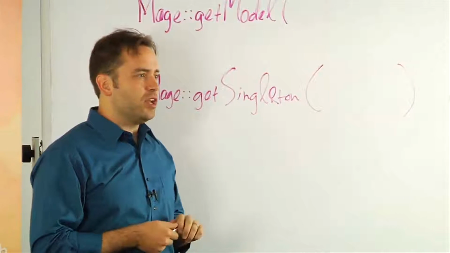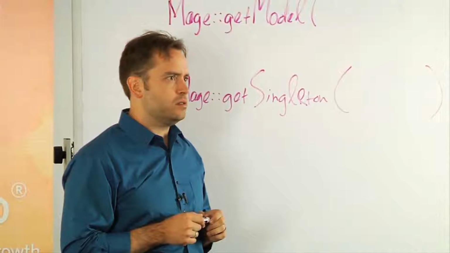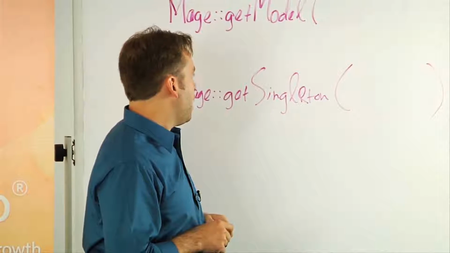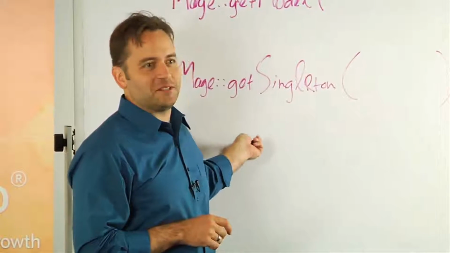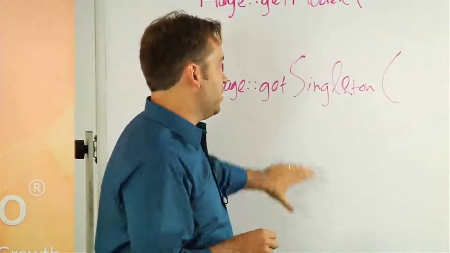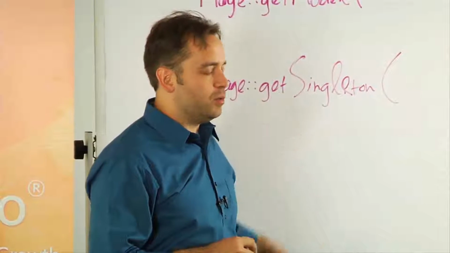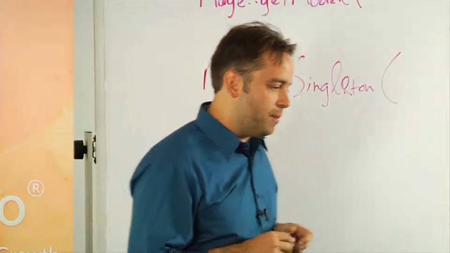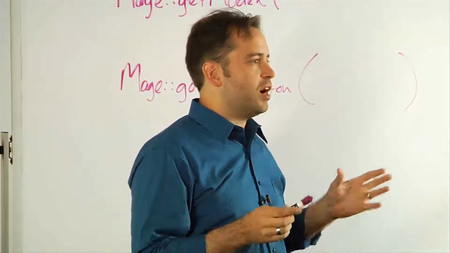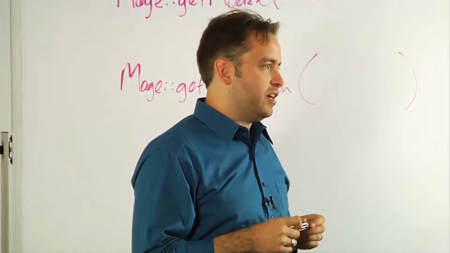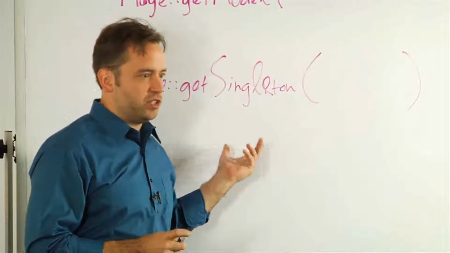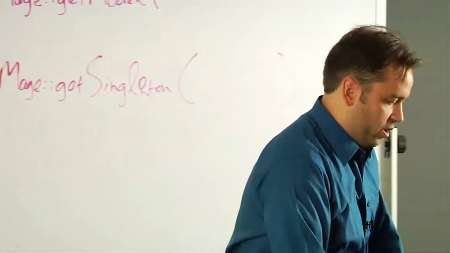So, everyone know what a singleton is? Anyone not know what a singleton is? Singletons in Magento are not like singletons in most other places. What a singleton is, again, part of the factory method, is just a means of getting an object. There should only be one of a particular object in a given execution scope if it's a singleton. What happens with singletons traditionally is their constructor is protected.